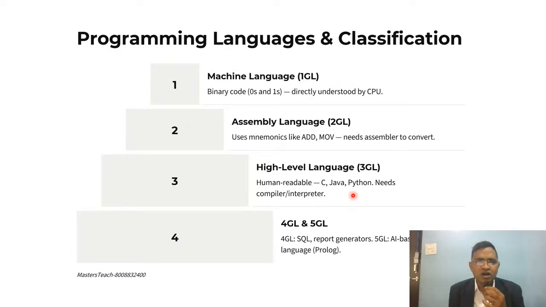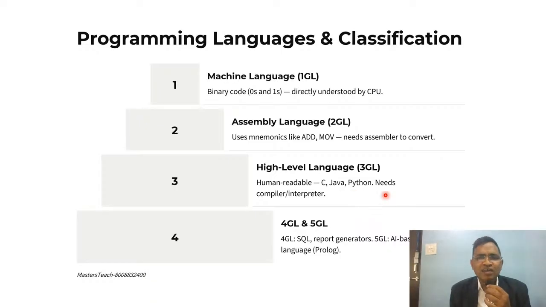Then it comes to programming languages and classification. There are four types of programming language. One is machine language, which consists of 0 and 1, directly understood by the central processing unit. Whereas assembly language includes mnemonics like add and mov, which need to be assembled to convert.